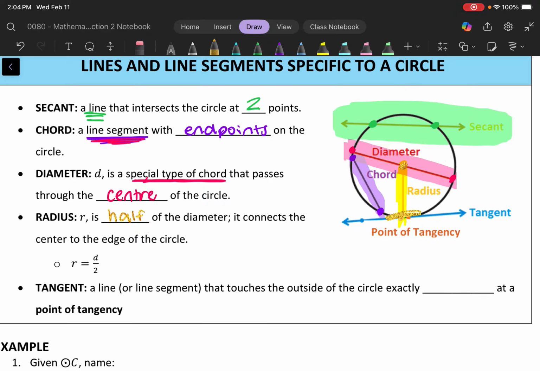A radius only has one endpoint on the circle. This one is not. Okay. But this radius is still a line segment that connects the edge to the center. Now, if I wanted to figure out the length of a radius, and I knew the length of the diameter, I can just cut that length in half.